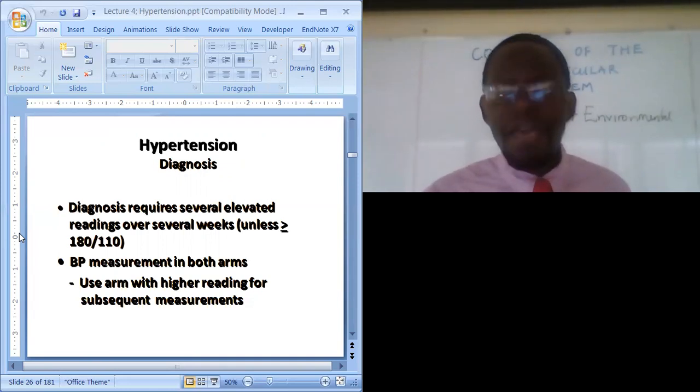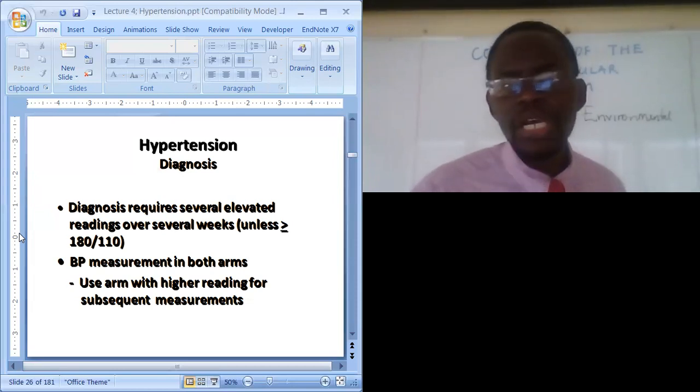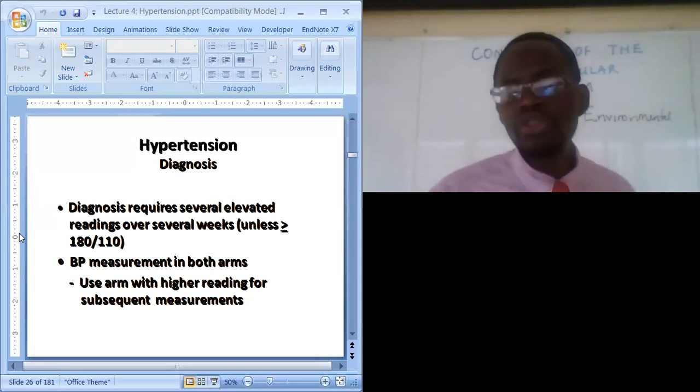However, for you to diagnose hypertension, you must take several measurements of blood pressure over time. And if it is sustained and high, then the patient is said to be diagnosed with hypertension.